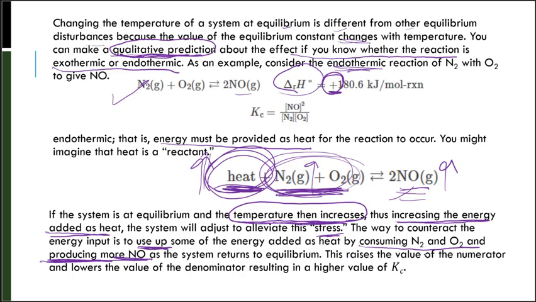That raises the value of our numerator because NO is our product. So if I have an increased numerator and therefore a decreased denominator because I'm using these up, the value of my K will increase.